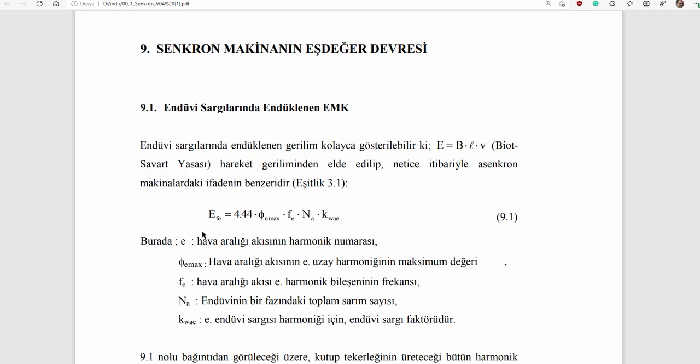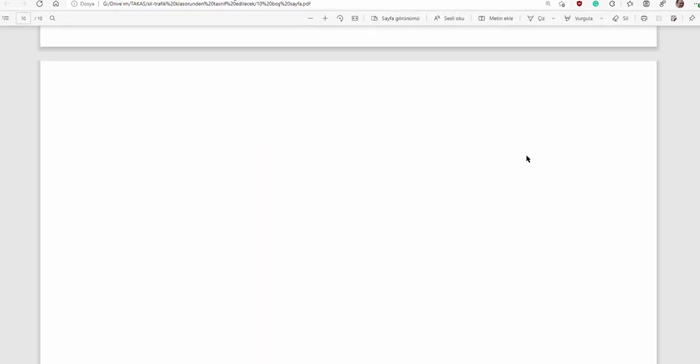So the equation is also identical, with the same factor in the induction machine as well as the synchronous machine. But let me cover it in a clearer way to understand it more clearly.